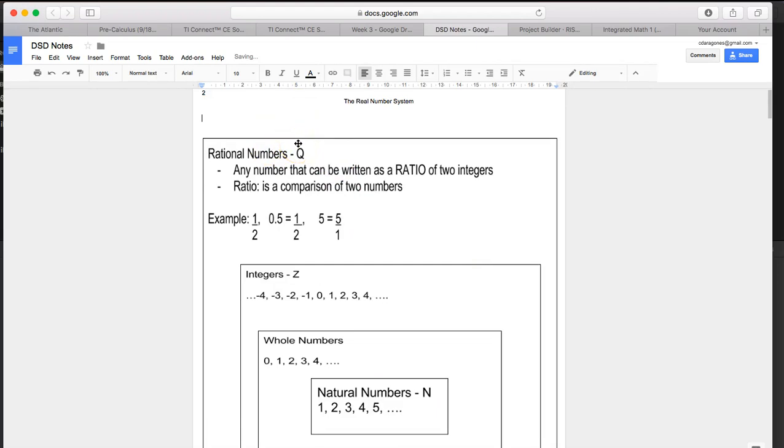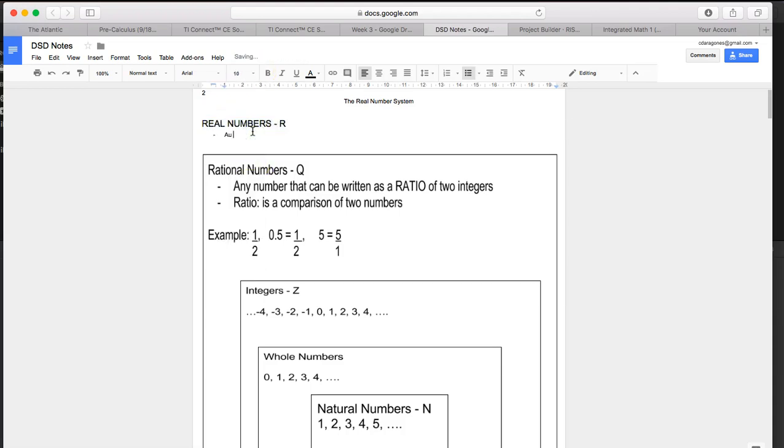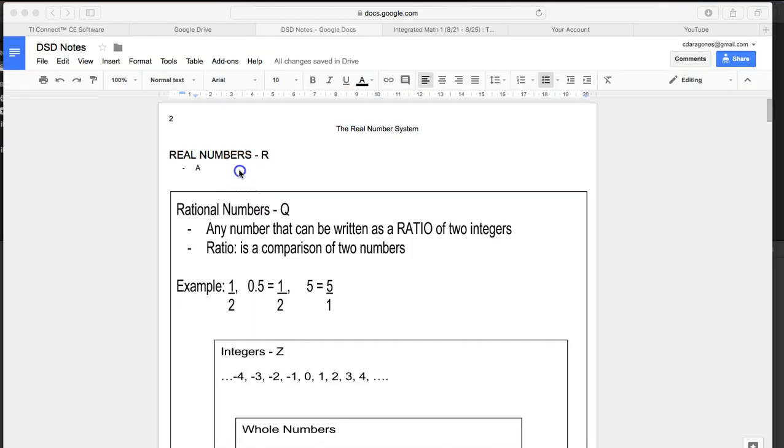Okay, so finally, the last set of numbers that encompasses all of these are your real numbers, usually depicted with a big R. So real numbers are just any number that lies on the real number line.